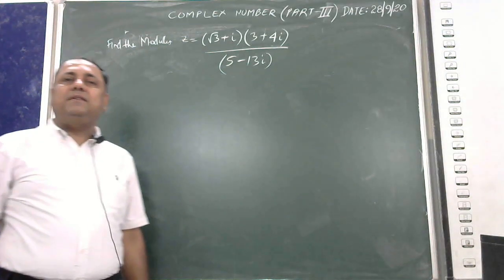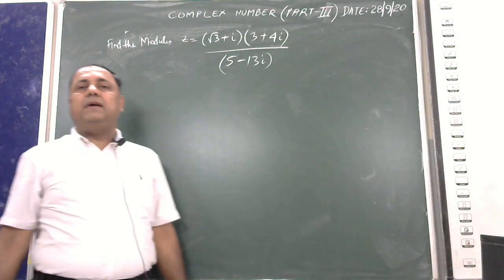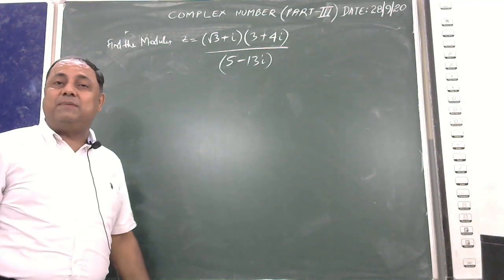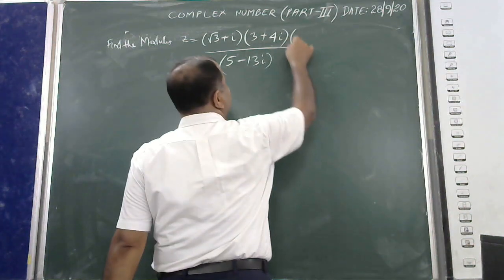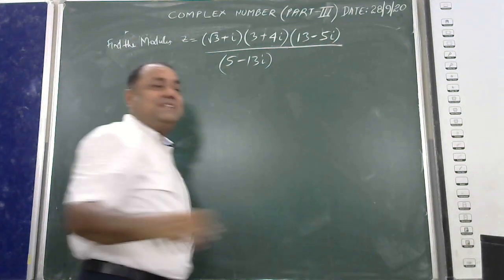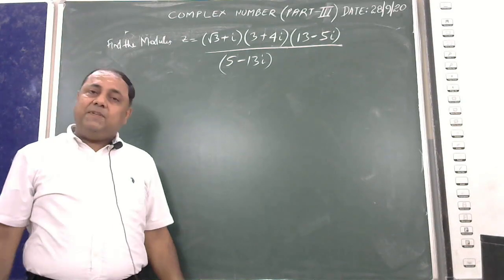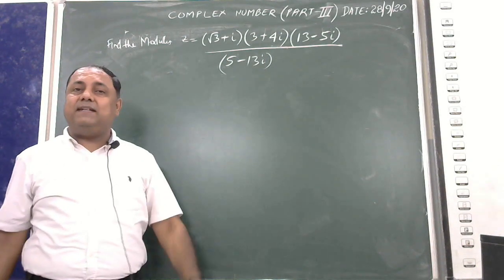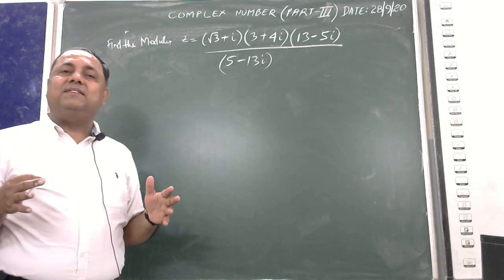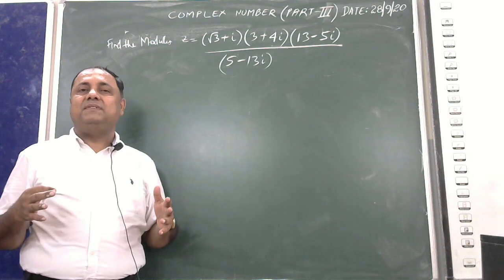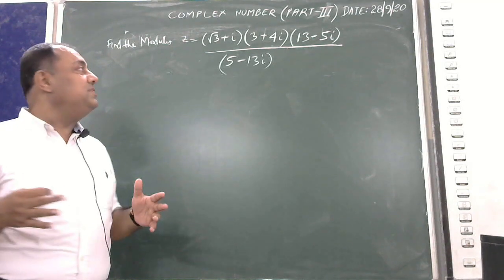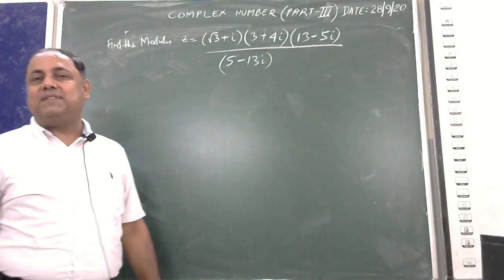It's a very beautiful example, and it will clear many of your doubts. In competitive exams, you will be given such expressions, with numbers like 30 minus 5i. Such a large number. That means I have to multiply all of them and then divide by this. That will become huge. The examiner is only confusing you, to see whether you know exactly how to find the modulus of these types of complex numbers.